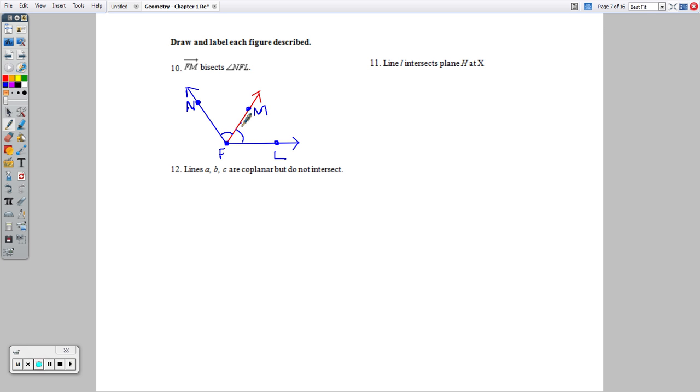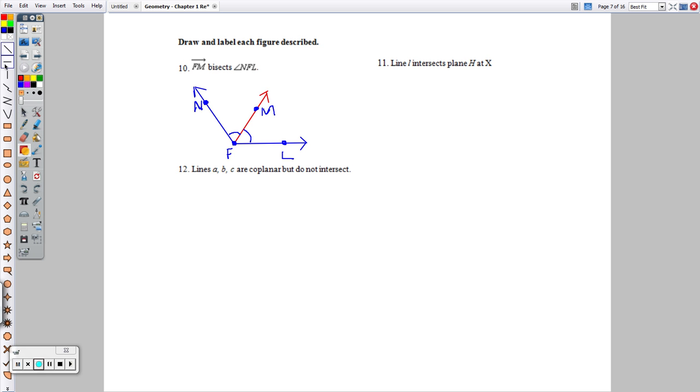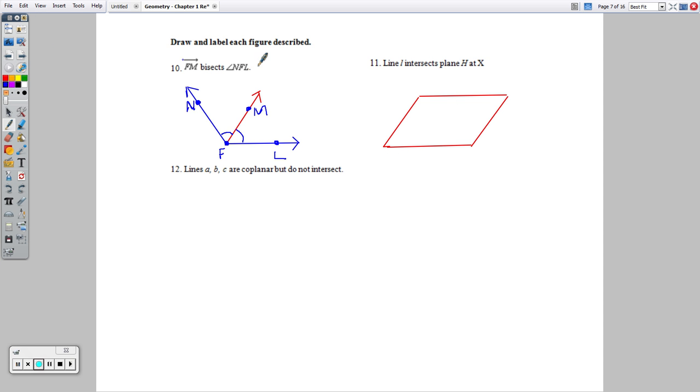Number 11, line L intersects plane H at X. So it's intersecting, it's not on the plane, but it's actually kind of going through that plane. So let's draw a plane out here. And so if this is plane H, finish that off there. I'll do this part freehand.